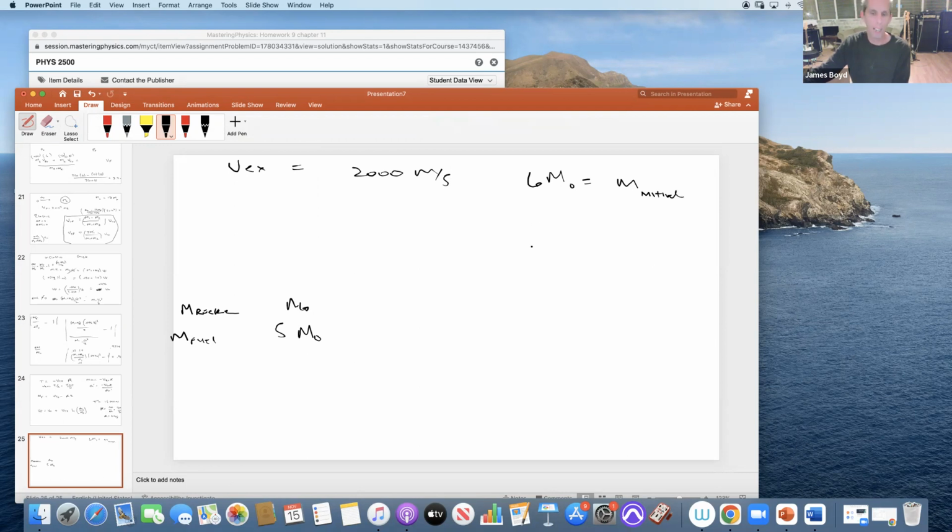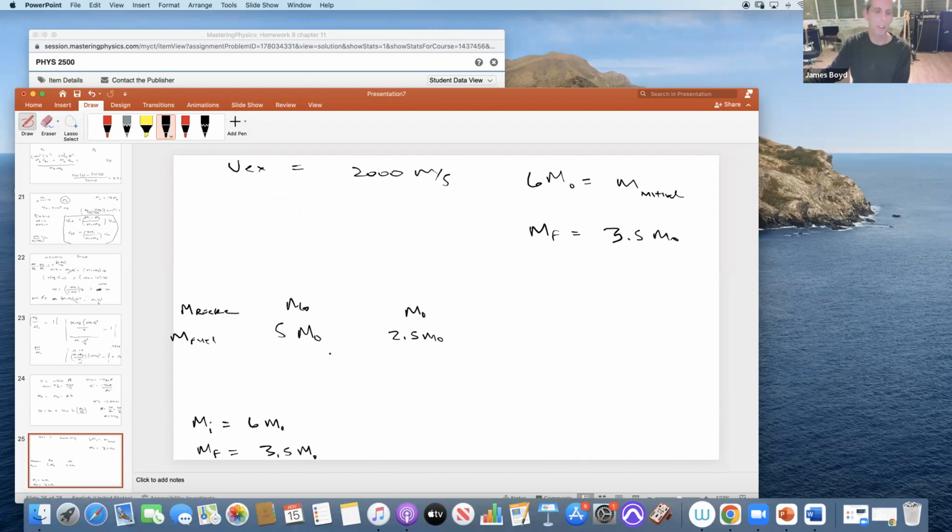And then when half the fuel is burned, M final is going to be 3.5 mass naught, because half the fuel would be 2.5 mass naught, and this would be mass naught, the rocket, so 3.5.